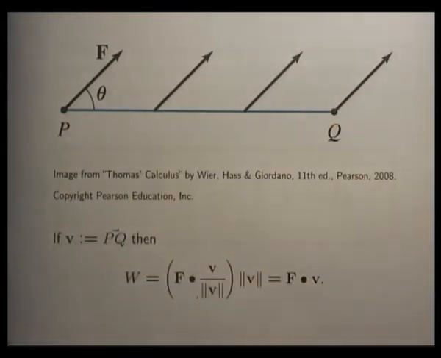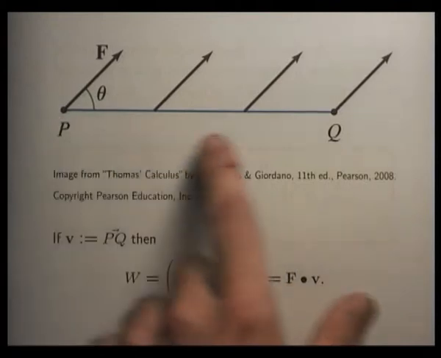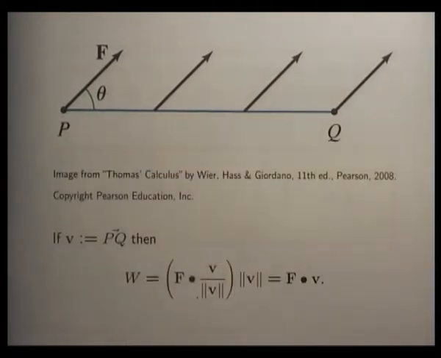Essentially, it's the component of F in the direction of the vector V times the length of V.